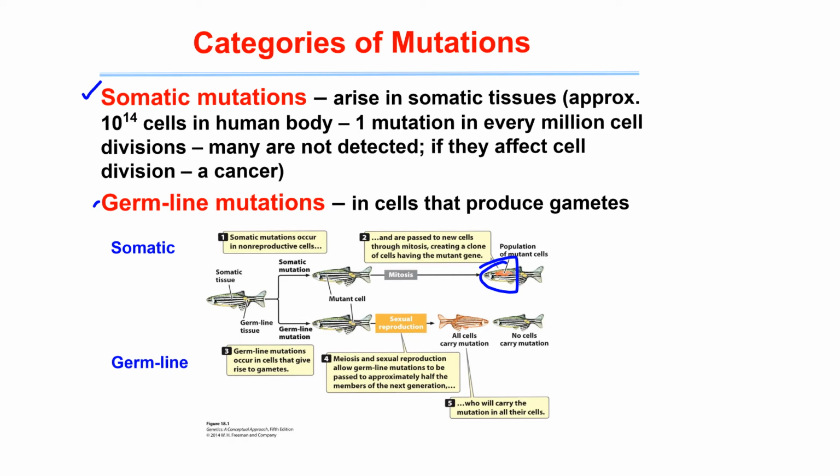Germline mutations, in contrast, arise in cells that produce gametes, and therefore during meiosis and sexual reproduction, a germline mutation can be passed to approximately half of the members of the next generation, who will carry this mutation.